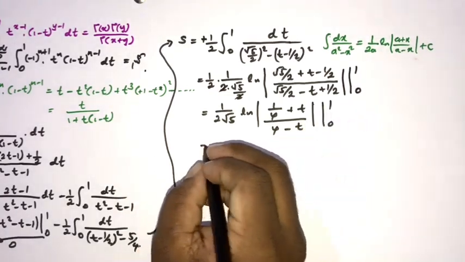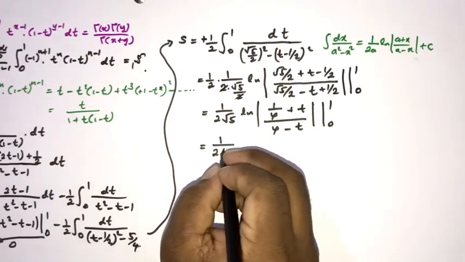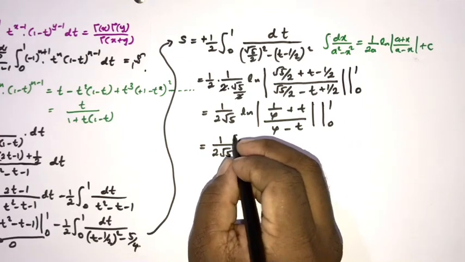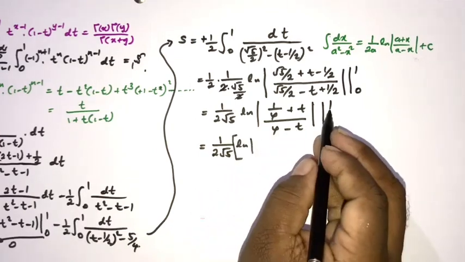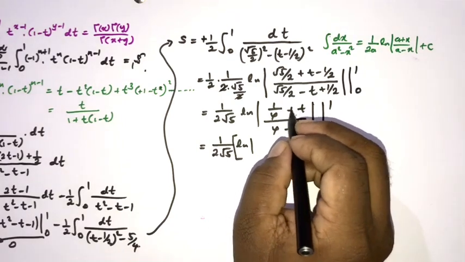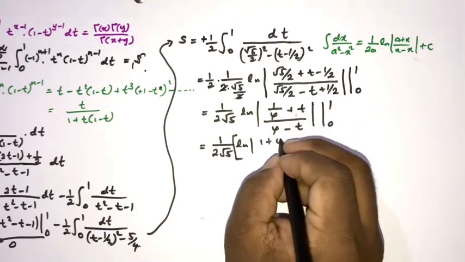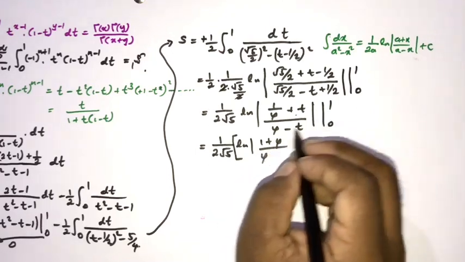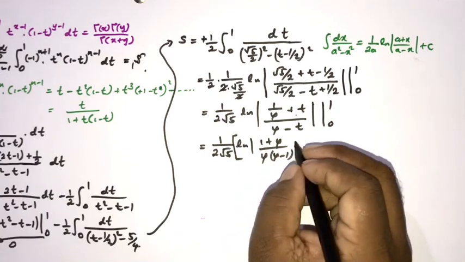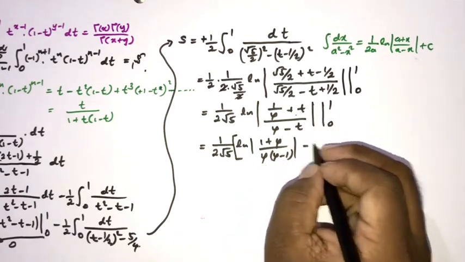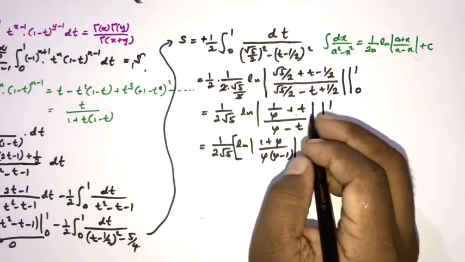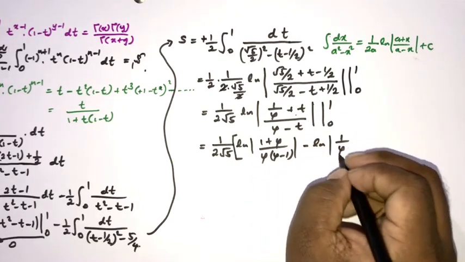Okay, then we can apply the limit, 1 over 2 times square root of 5 natural log of, now if we apply 1, we know here 1 over phi plus 1, so 1 plus phi over phi, over here we have phi minus 1. Okay, then if we apply 0 here, minus natural log of 1 over phi over phi, so 1 over phi squared.